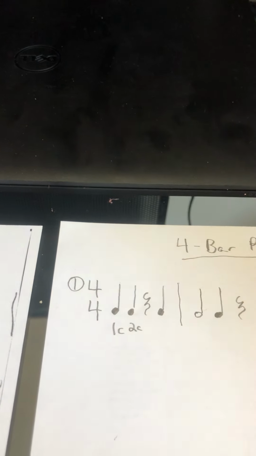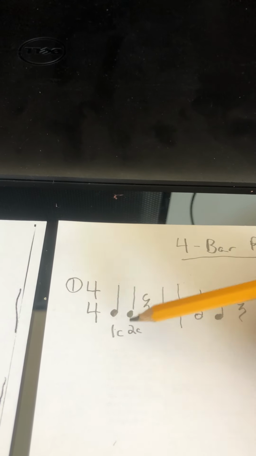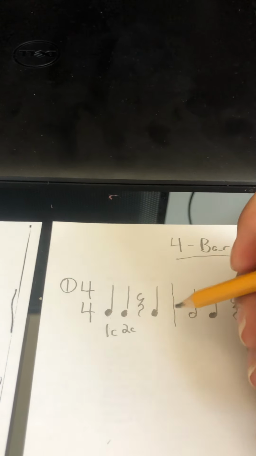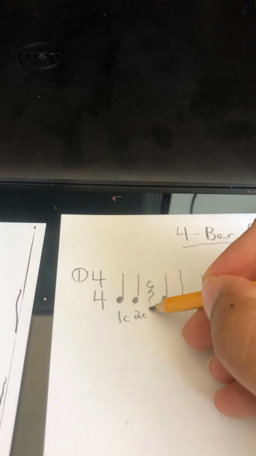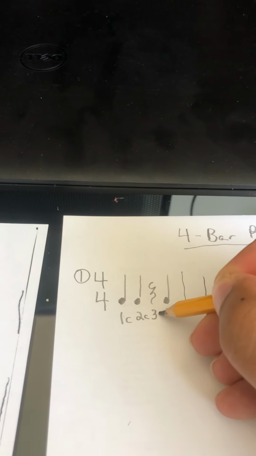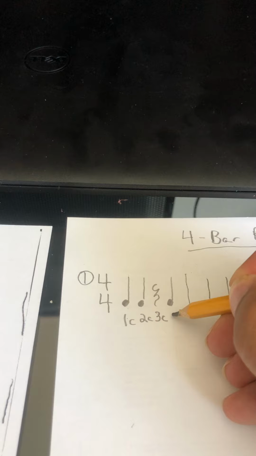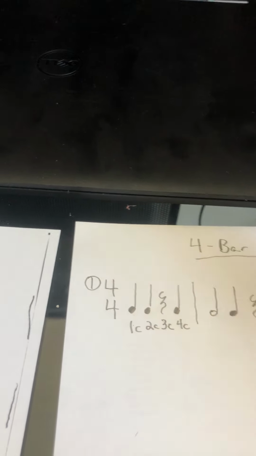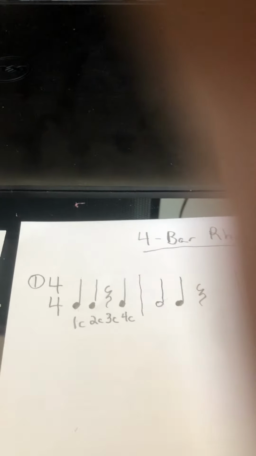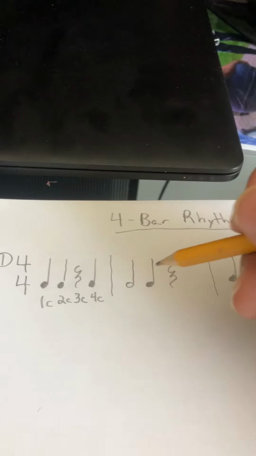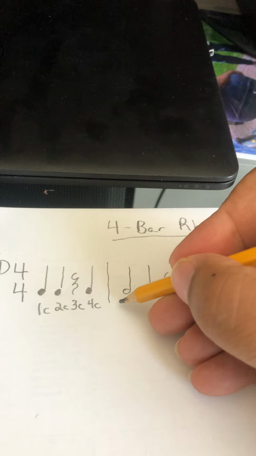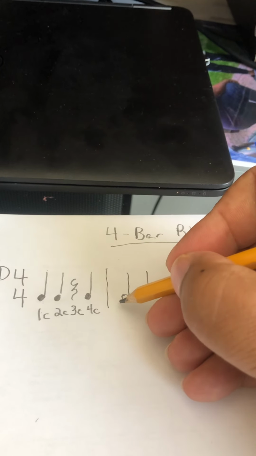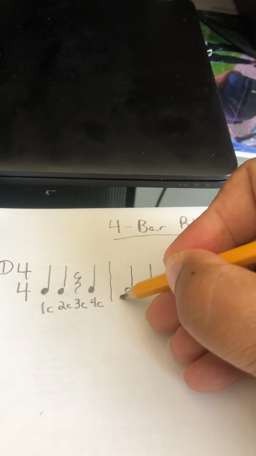I'm writing these C's, and that means 1 full count. So the full beat of 1, the full beat of 2. This is a quarter note, quarter rest. The full beat of 3, and then this last quarter note here. Full count of 4.